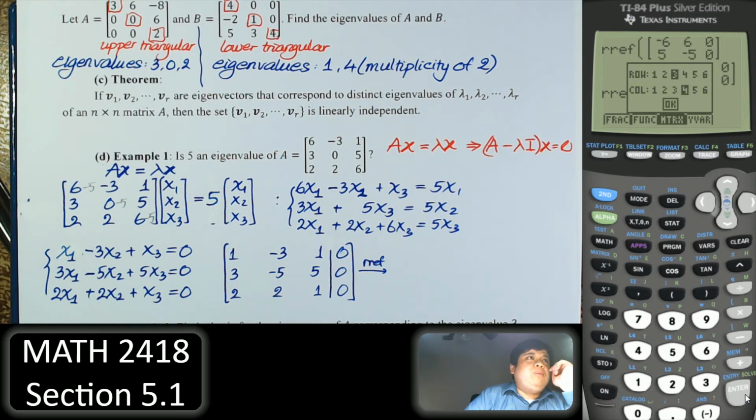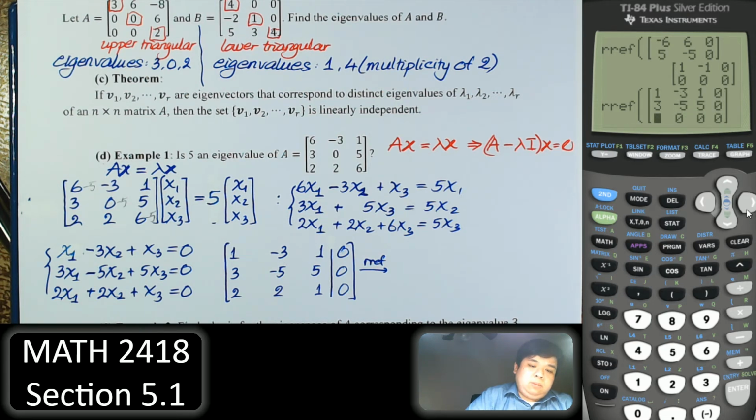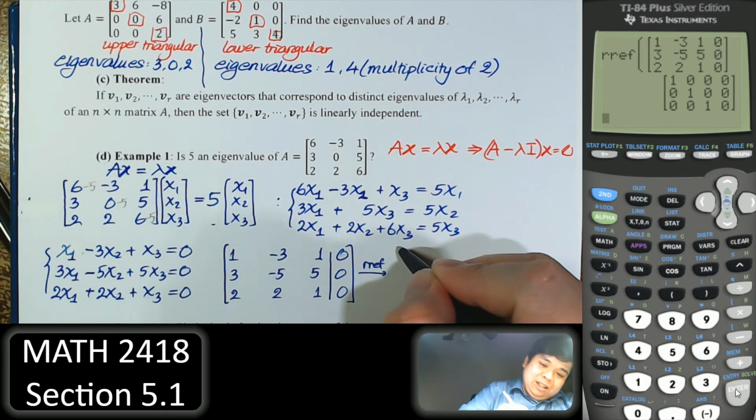We only need 3 by 3 because the last column is 0, but it doesn't matter. Right, what do we see here?